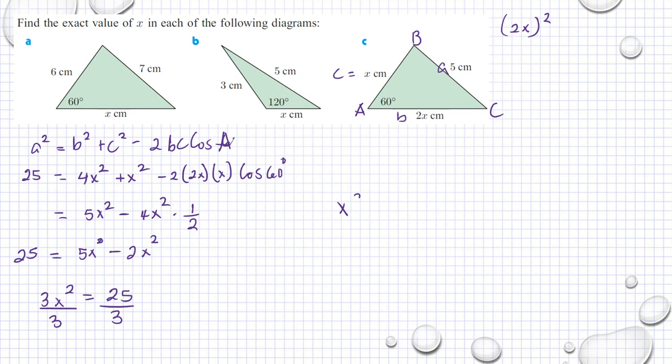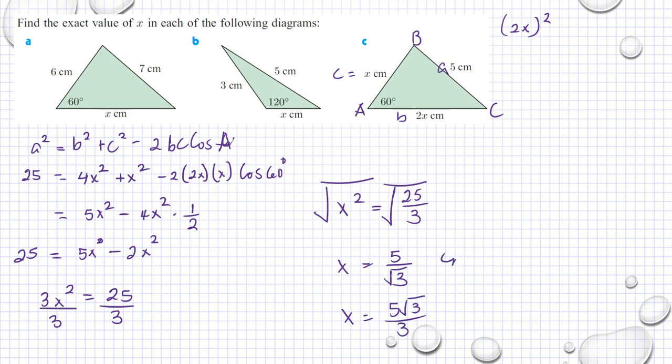Then we have x squared is equal to 25 divided by 3. Take the square root of both sides. So we have x is equal to the square root of 25, which is 5, divided by the square root of 3, or 5 square root of 3 divided by 3. They are the same. In centimeters.